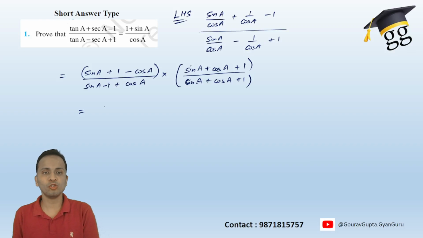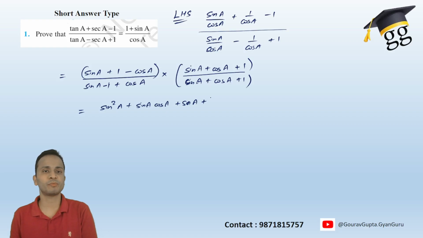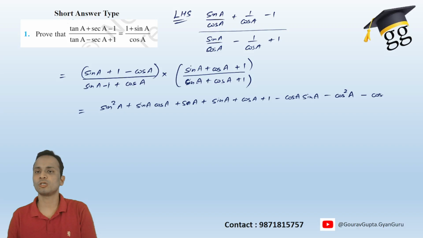So the numerator will become sine square A plus sine A cos A plus sine A. Be very careful while you are writing this expression. Plus sine A plus cos A plus 1 minus cos A sine A minus cos square A minus cos A.